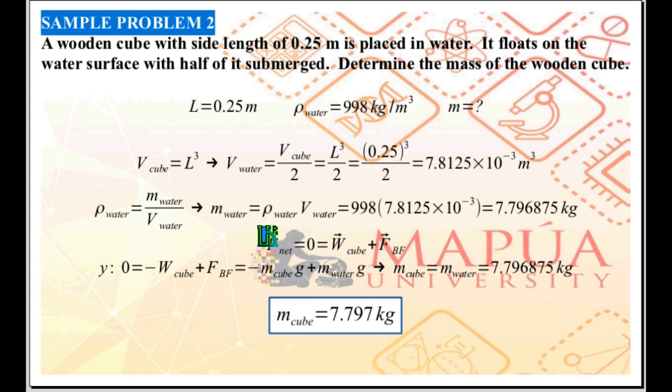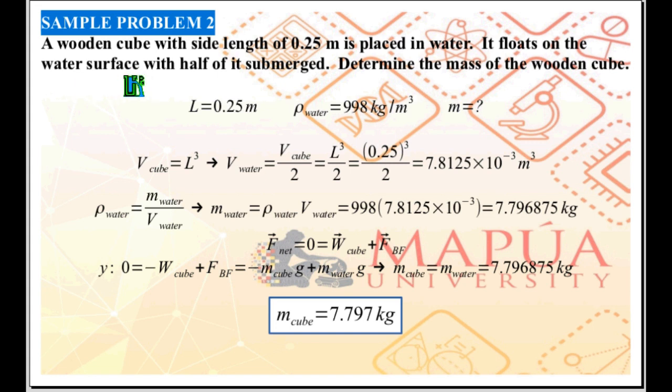M water is equal to rho water times V water. We know rho water. We have calculated V water. We are able to calculate the mass of the displaced water, 7.796875 kilograms.